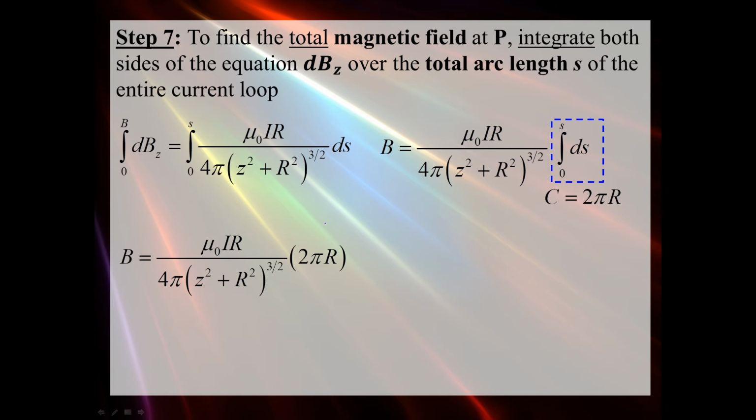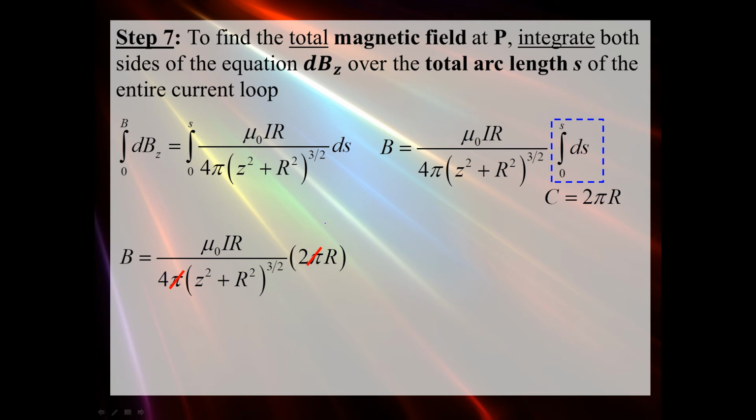If we substitute that in, we would then have B is equal to mu naught I r divided by 4 pi, then in brackets, z squared plus r squared to the 3 halves, multiplied by 2 pi times capital R. Now, there are some things that do simplify here. So the pi's go away.